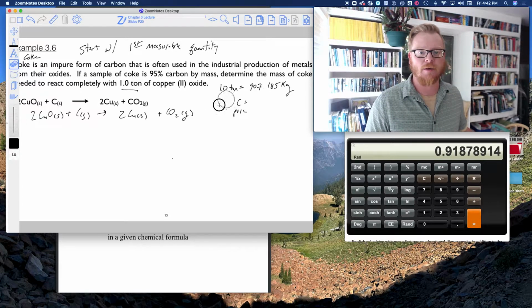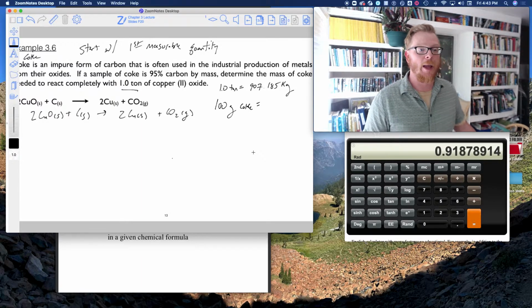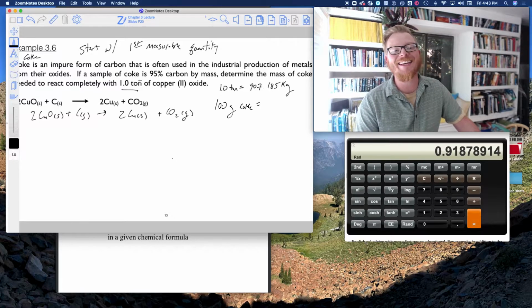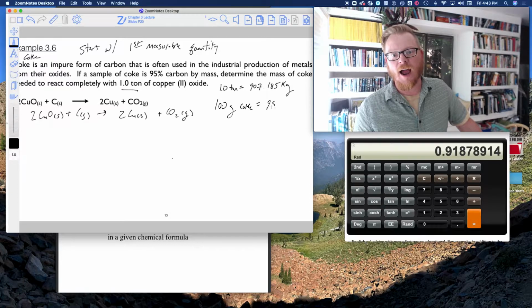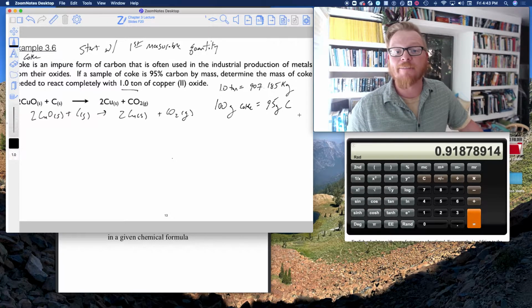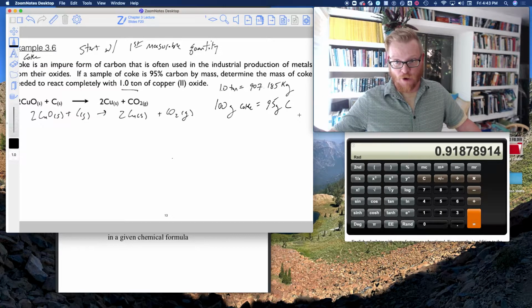Sorry about that. If I had 100 grams of coke, that's a K, a sample of coke that is 95% carbon by mass, then I would have 95 grams of carbon and 5 grams of some other stuff. I don't know what it is. I don't care. Doesn't matter.